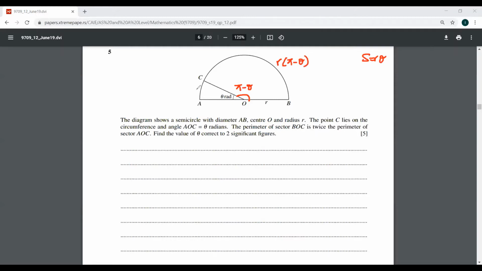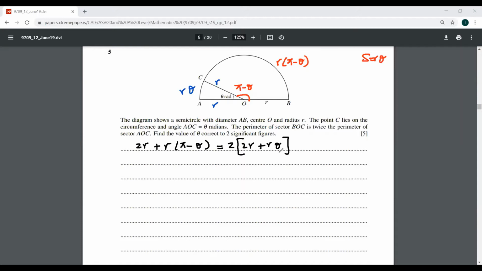This is R and this is R. So the perimeter of BOC I'll straight away write as 2R plus R into pi minus theta. That is twice the perimeter of AOC, so that is twice 2R plus R theta.